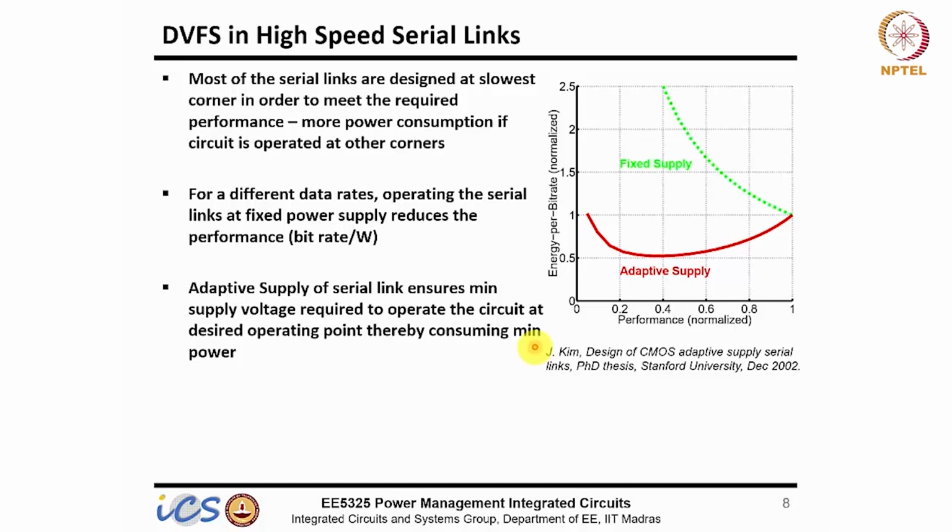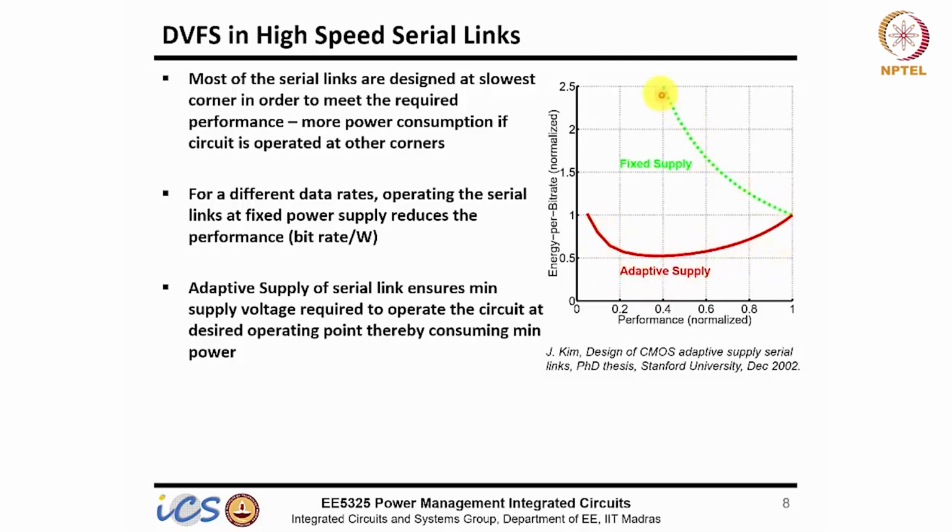You can apply the same concept in high-speed serial links also, which have your CDRs, like PLLs, clock drivers, IOs, everything. So this is the energy per bit, which defines the performance. Now you can see the adaptive supply here.